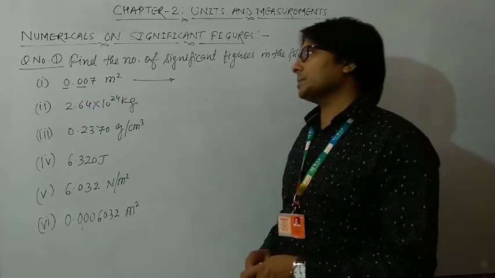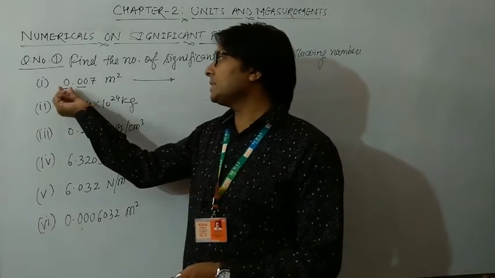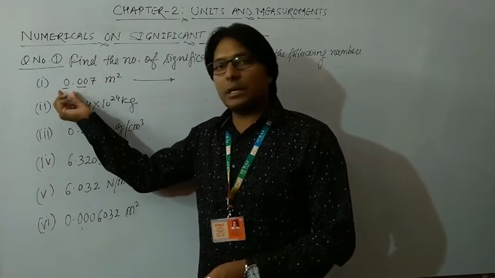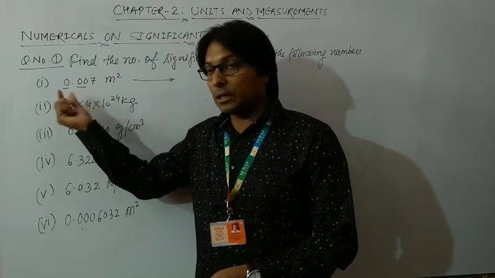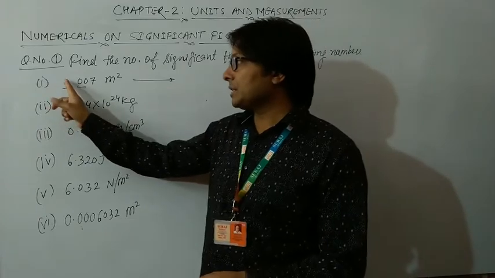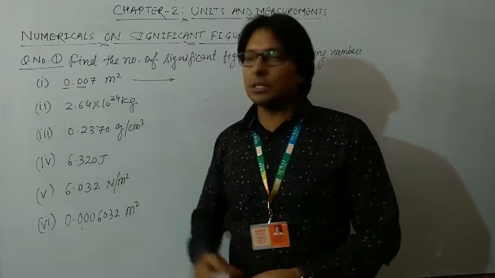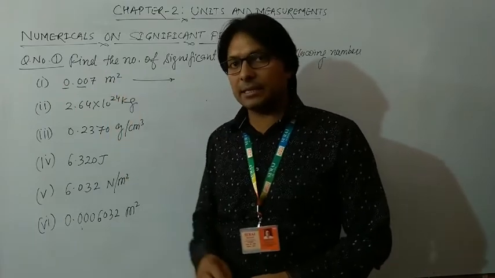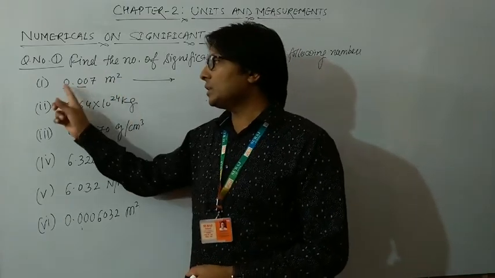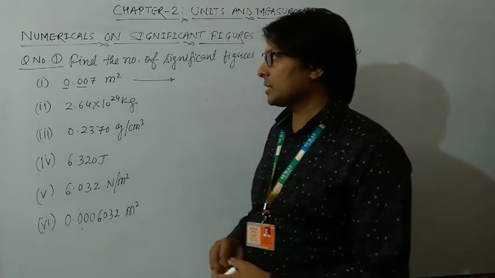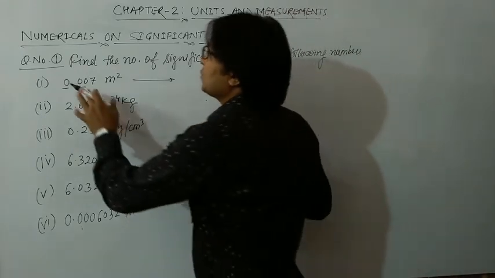The question comes: is this 0 significant? You will say no, because we have studied in rule number 7, I think, in which the 0 which is conventionally put before the decimal in numbers having less than one value is not significant, we can say insignificant. Okay, what about these two zeros?